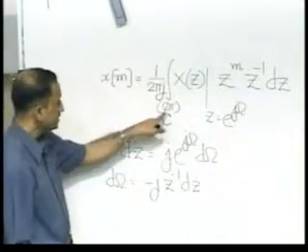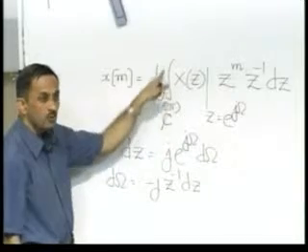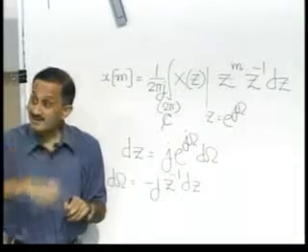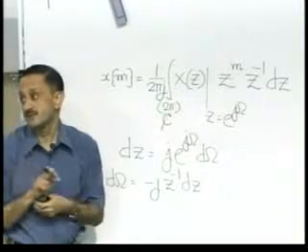And here, now instead of writing integral over 2 pi, I write integral on a circle in the region of convergence.